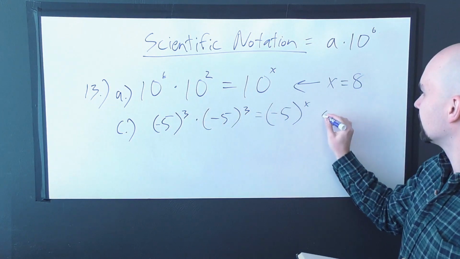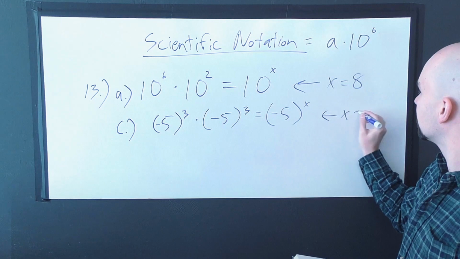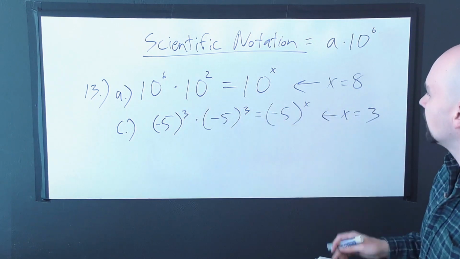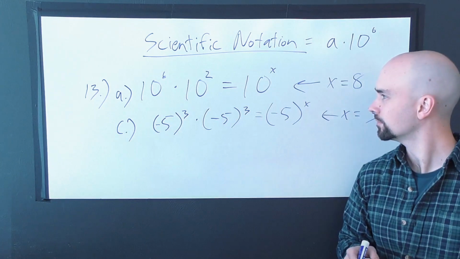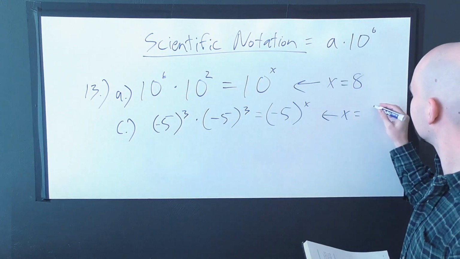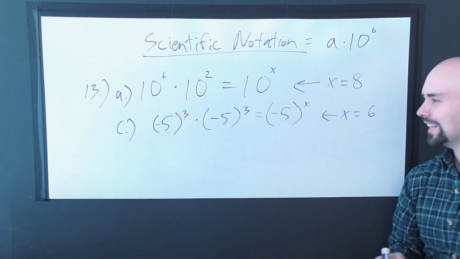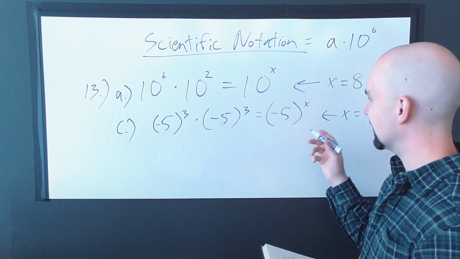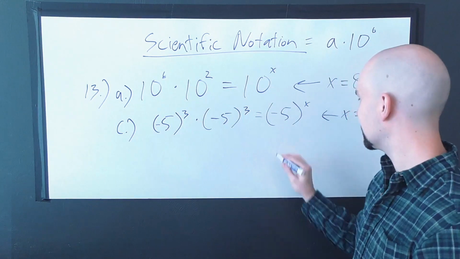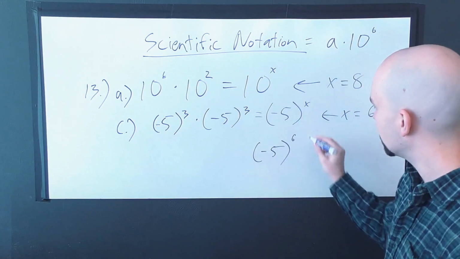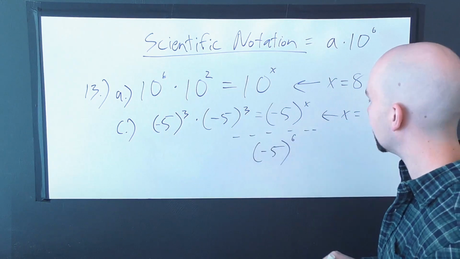So x equals the power here, which is 3 plus 3. Oops, sorry, 6. 3 plus 3 is not 3, 3 plus 3 is 6. There we go. So just out of curiosity, it's not asking you to solve what is negative 5 to the power of 6, but just for the heck of it, let's do that.